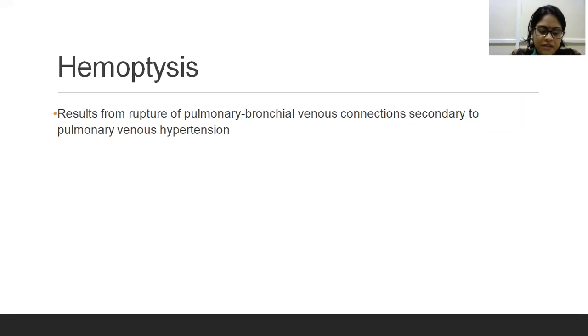You can also have pulmonary blood-stained sputum, as in pink frothy sputum. When you have heart failure and pulmonary edema, you can have pink frothy sputum. However, that is not frank hemoptysis, it's just a differential diagnosis. So hemoptysis results from rupture of pulmonary bronchial venous connections.